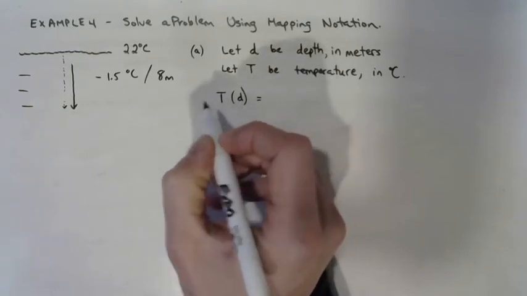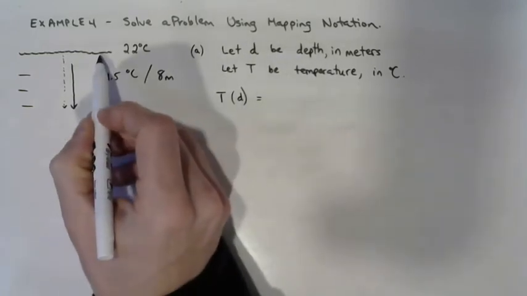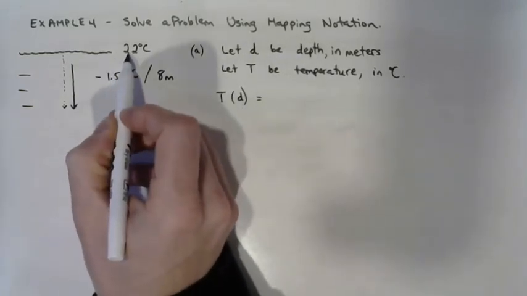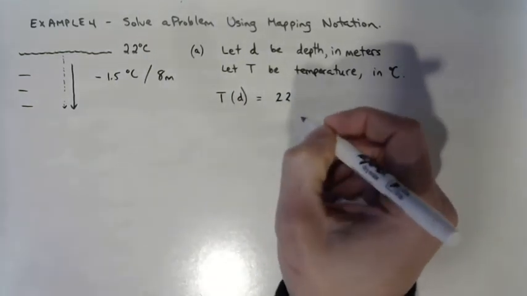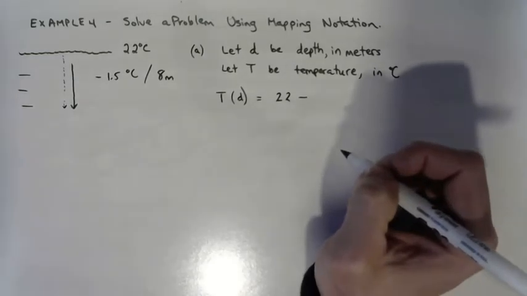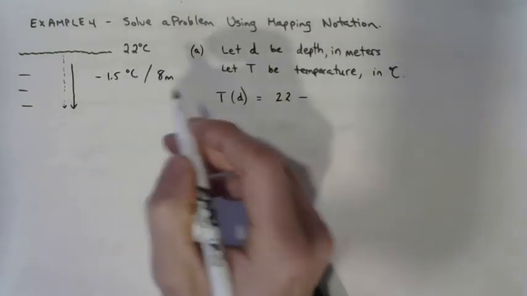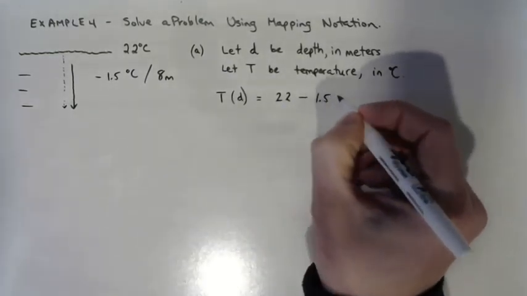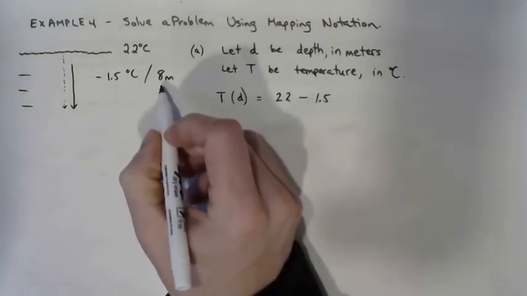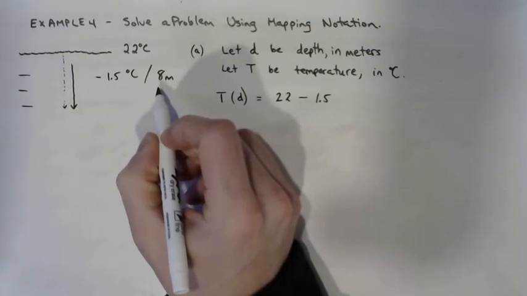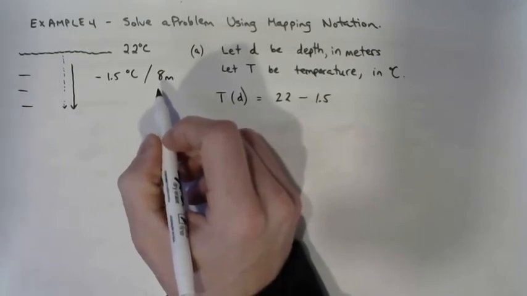Well, what do we know? We know that when depth is 0, the temperature of the water is 22 degrees. So we're starting at 22 degrees. Then the temperature is dropping, and the information that we have says it's dropping 1.5 degrees Celsius for every 8-meter increment. But what if he only goes 1 meter or 2 meters or 3 meters?